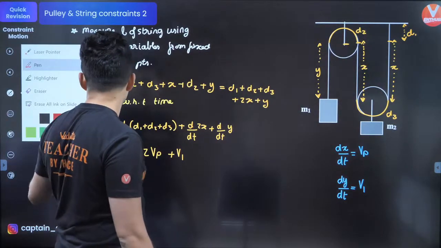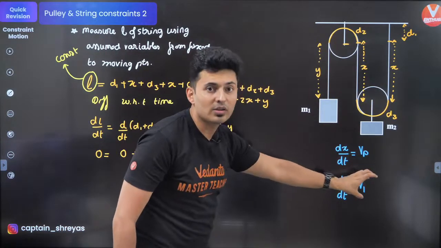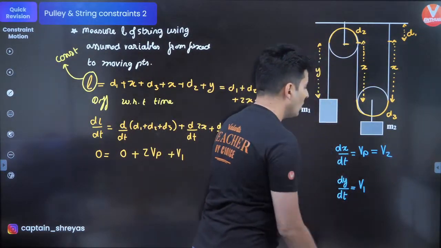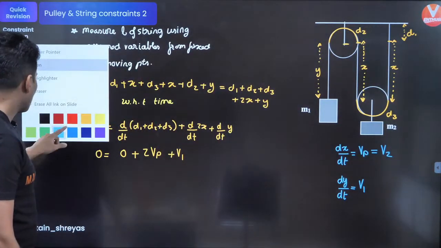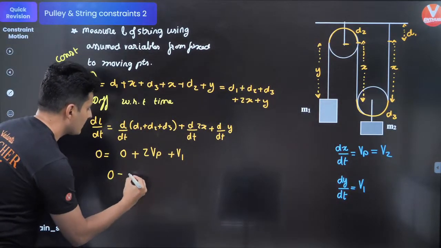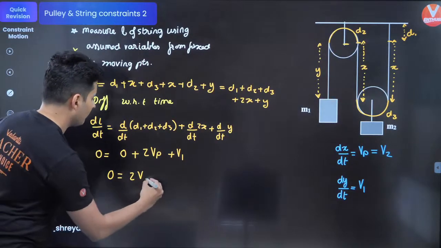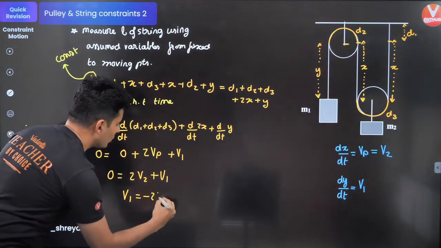Wherever the pulley moves, the mass m2 also moves along with it. Hence, the velocity of the pulley is the velocity of mass 2. So Vp is equal to V2. Hence, instead of writing Vp, I might as well write 2 times V2 plus V1. Rearranging it further, V1 will be minus 2 V2.